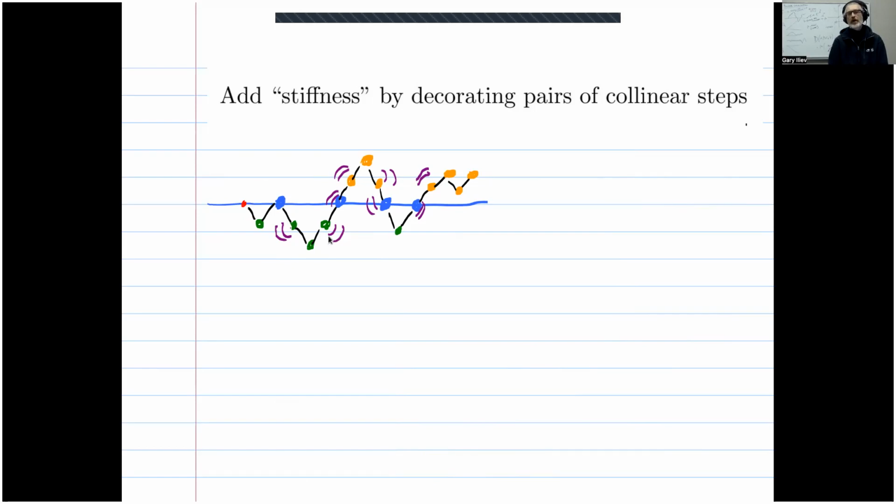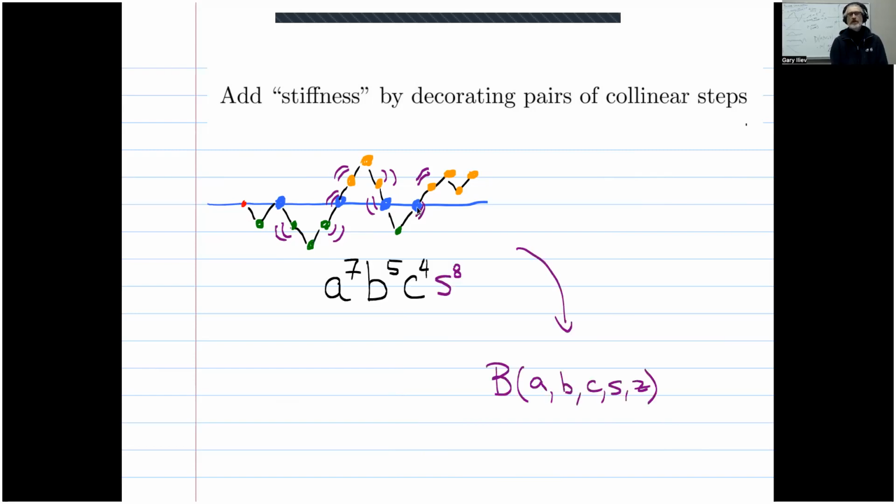For each pair of collinear steps, I'm going to associate a decoration S. In this case, if you count along, there should be 8 different pairs of collinear steps as I go along. So this particular walk is going to carry a weight A to the 7th, B to the 5, C to the 4, and then S to the 8. A lot of Maple goes on in the background here.